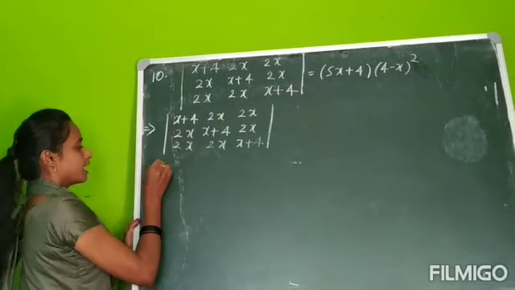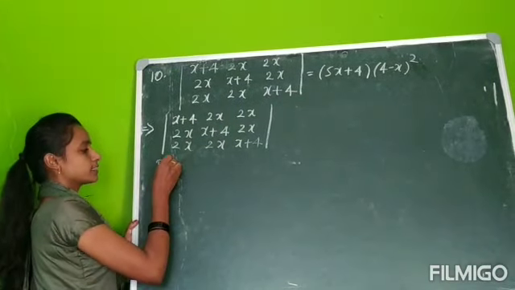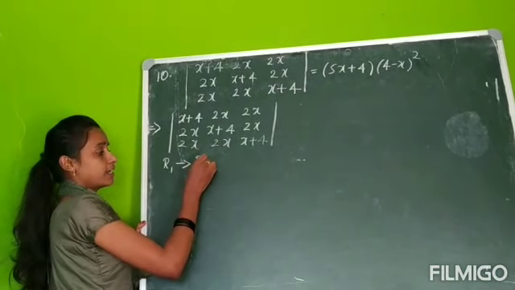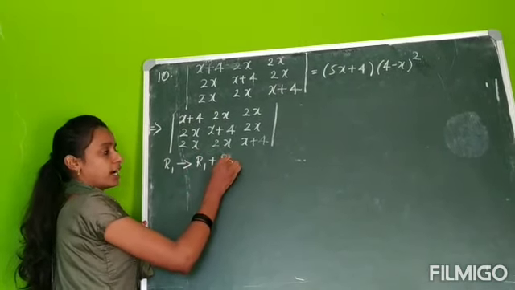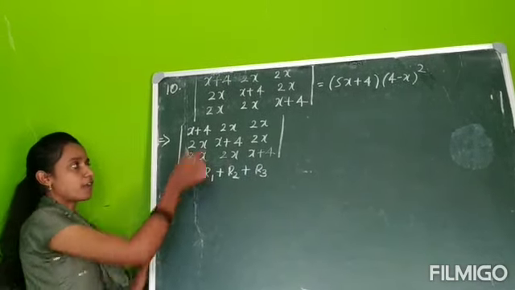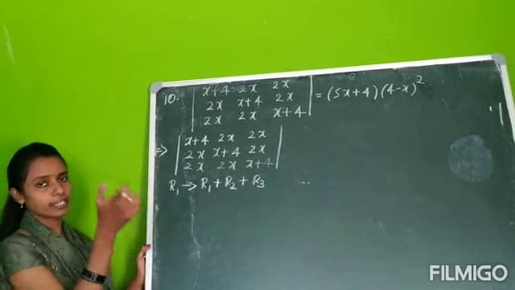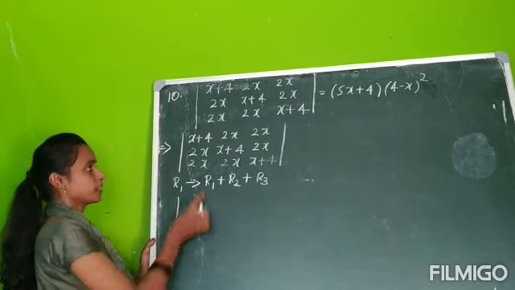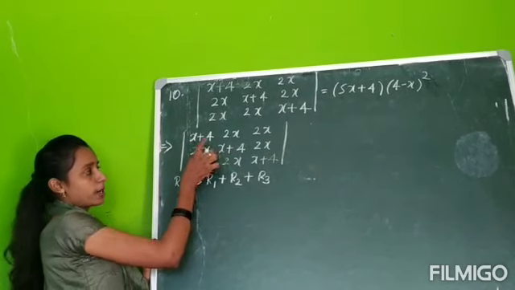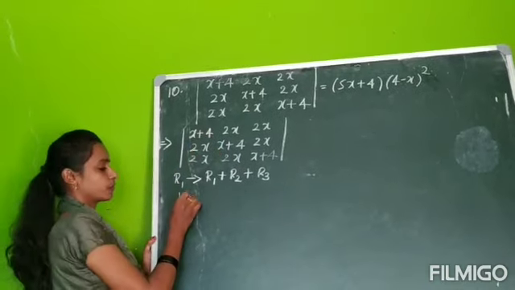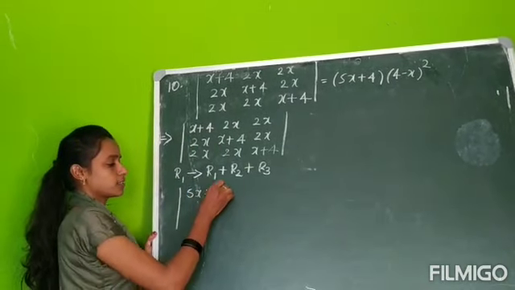So for that I will just do the operation R1 implies R1 plus R2 plus R3. For the corresponding elements of R1, you need to add the corresponding elements of R2 and R3. So here you will get x plus 4 plus 2x plus 2x, that is 5x plus 4.